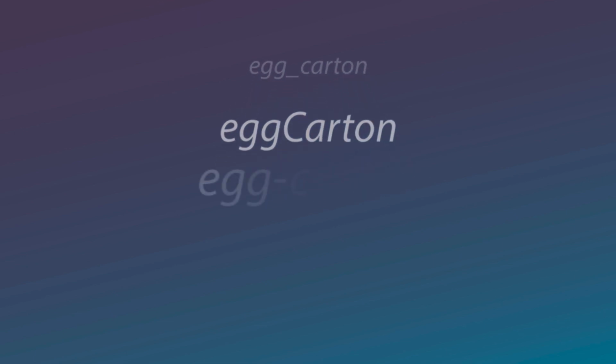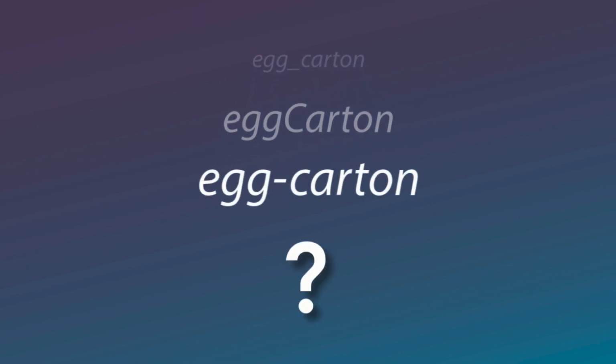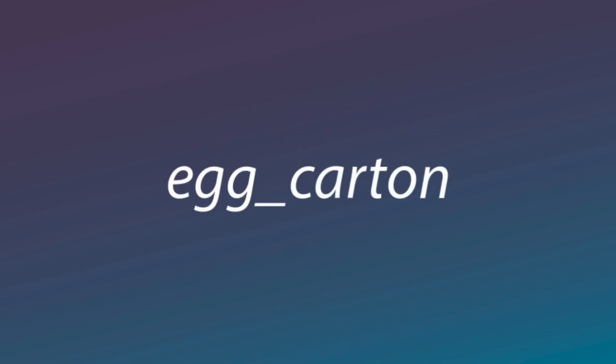In the previous lesson, you saw that we named a variable egg underscore carton. So why didn't we name it egg uppercase carton or egg dash carton? It turns out these things are important, and if we didn't have some sort of contract between programmers on how to name variables and many other conventions, our code will look really different from codebase to codebase.